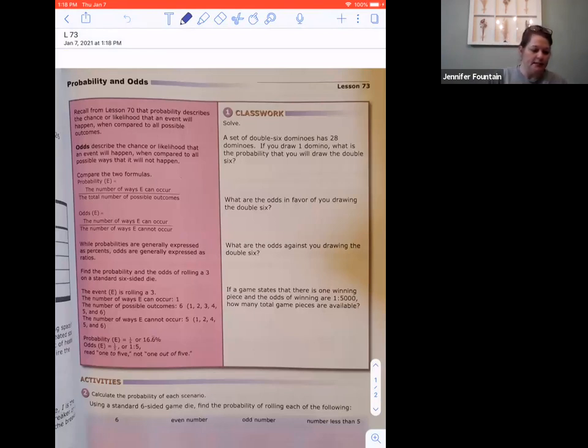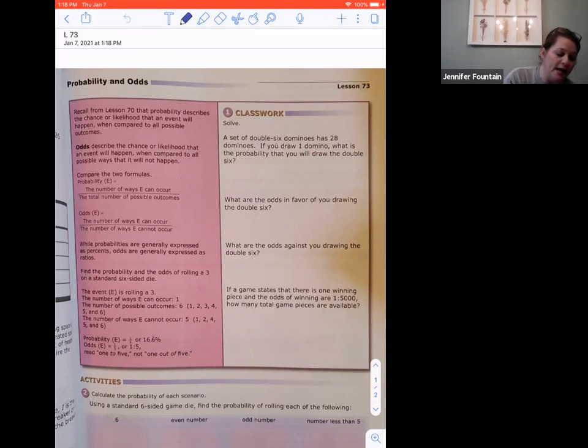Alrighty, so starting on lesson 73. Now this is about probability and odds, okay? So when I talk about probability, like I said, I'm talking about the chance of something happening, all right?